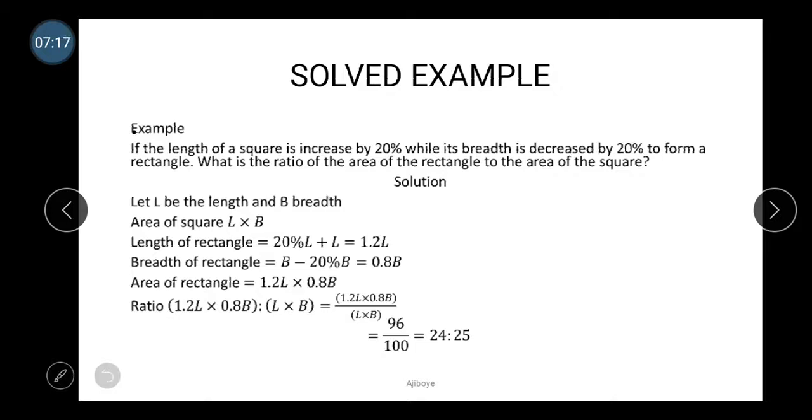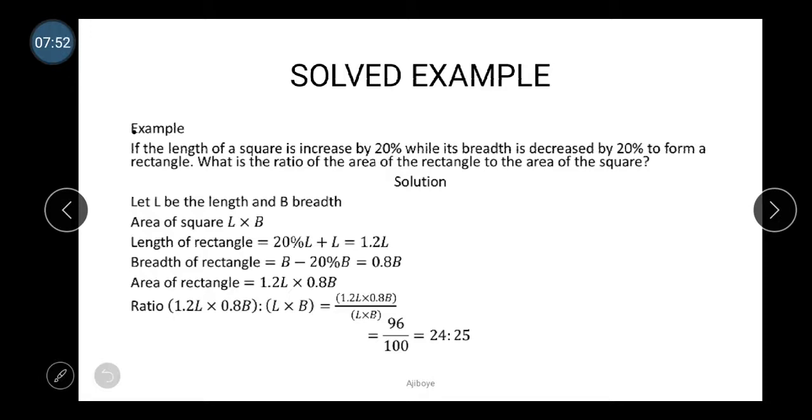Now the area of the rectangle will be equal to 1.2 length times 0.8 breadth. The ratio of the area of the rectangle to the area of the square will therefore be 1.2 length times 0.8 breadth over length times breadth.